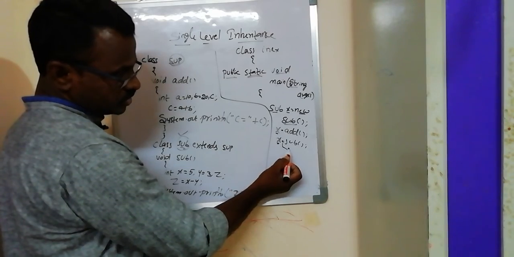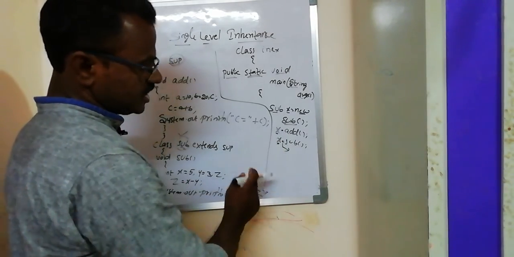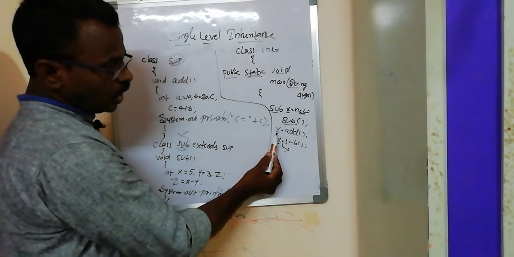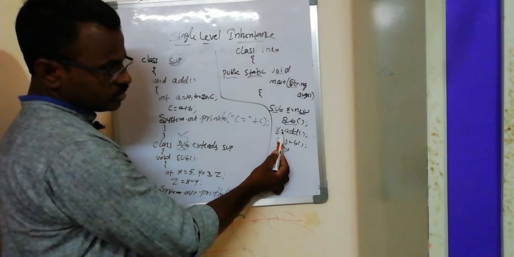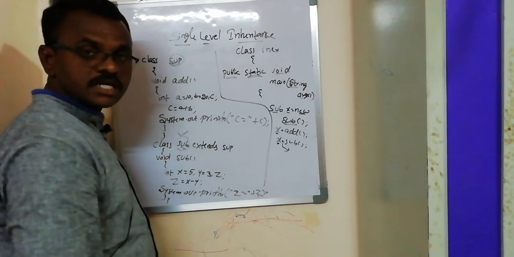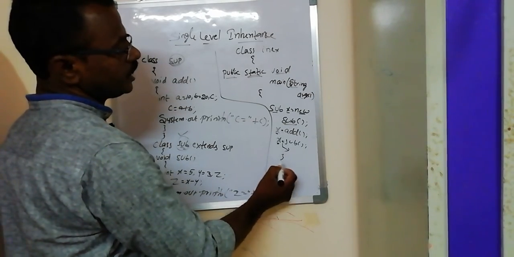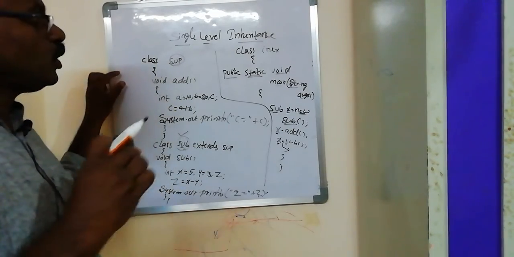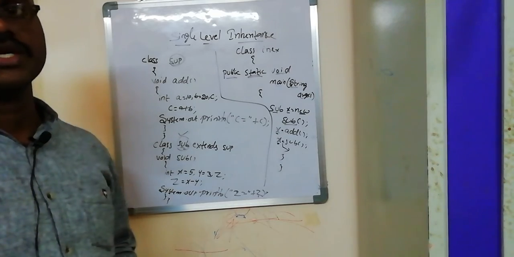Without the dot operator, these methods cannot be accessed. The dot must be used between the object name and the method name. We close the main method, then close the class. This is the simple example for the single level inheritance concept in Java.